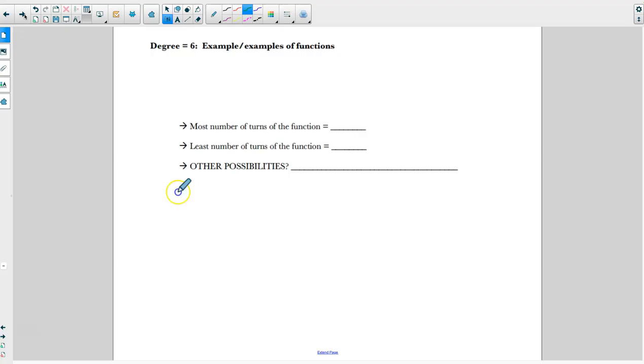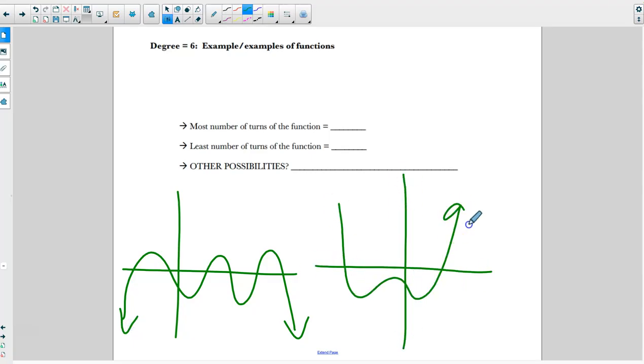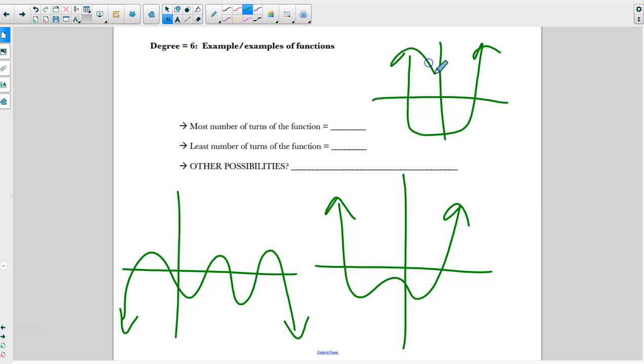Degree 6. Now I've got some drawings to do. That'd be 1 option. Obviously, you have the positive and negative of both of them. How many times can this thing turn? 5. What about that one up there?